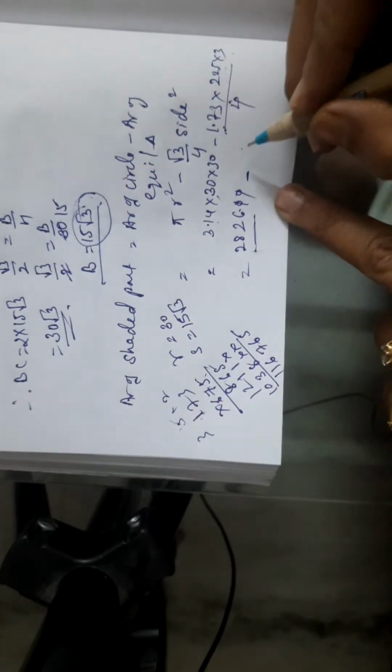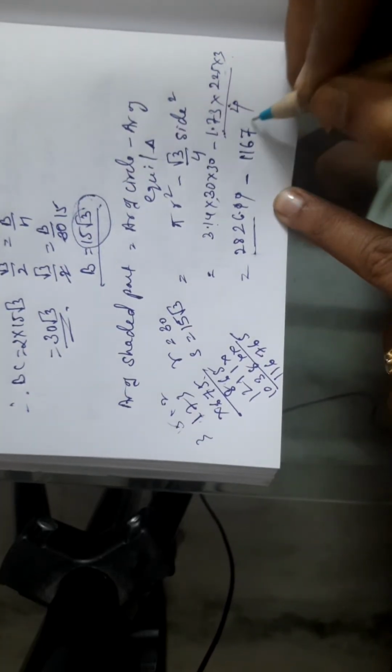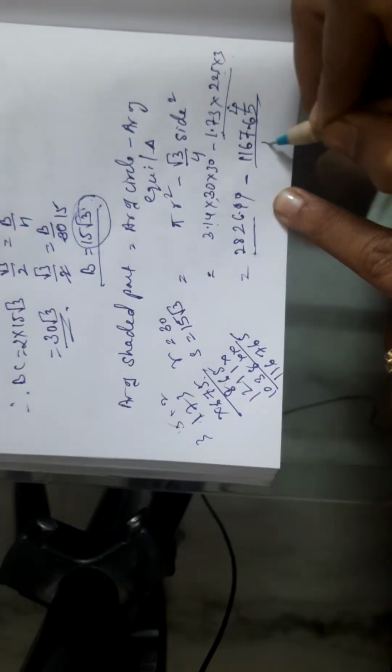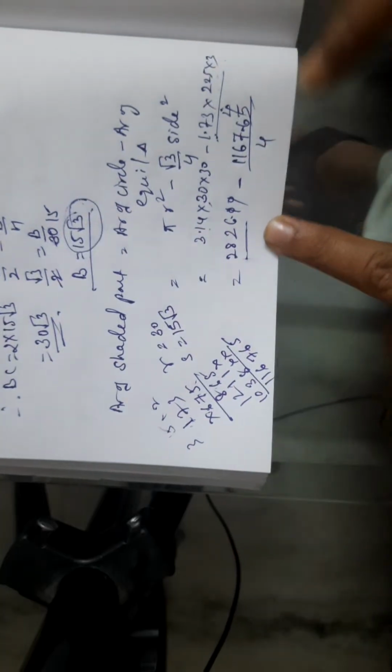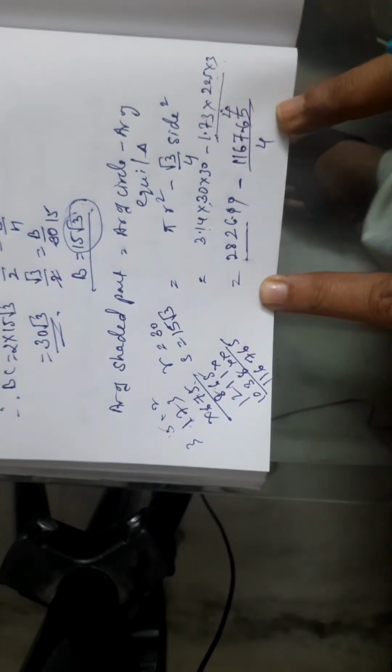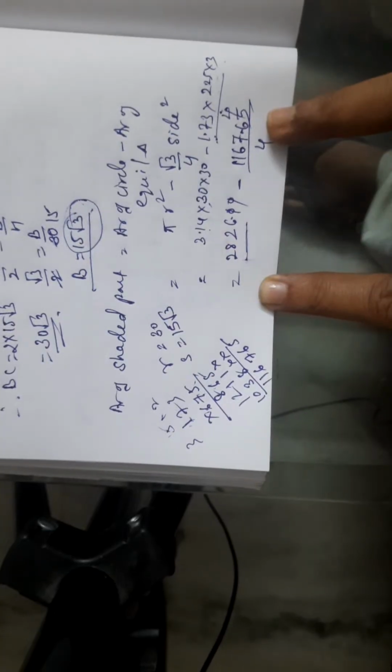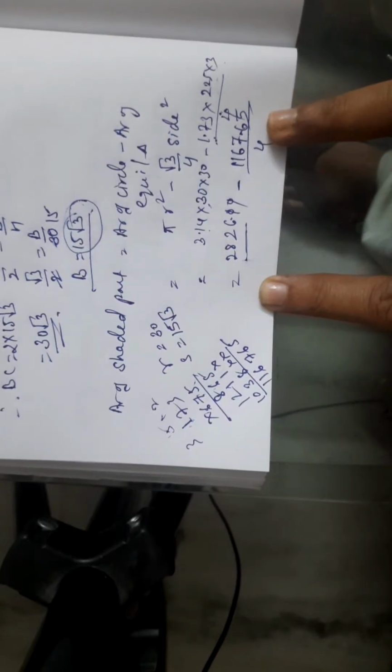So we got 1167.65 divided by 4. Now divide them. Whatever value you are getting, subtract them. So that will be the final answer, the shaded part.